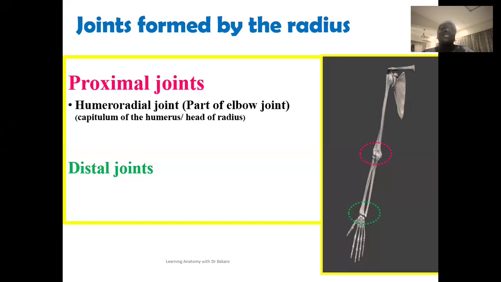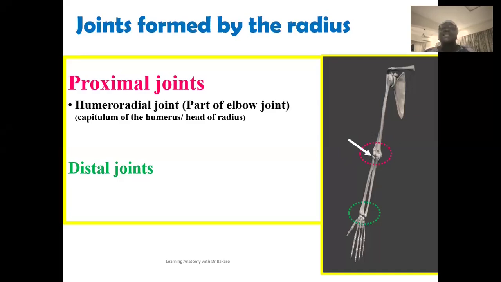As I've always said on this channel, we should always break down the name. If you break down this name, you see that this joint exists between the lower end of the humerus and the proximal end of the radius. So if you look at this region arrowed here in white, this is where we have the humeroradial joint, created between the capitulum of the humerus and the head of the radius.